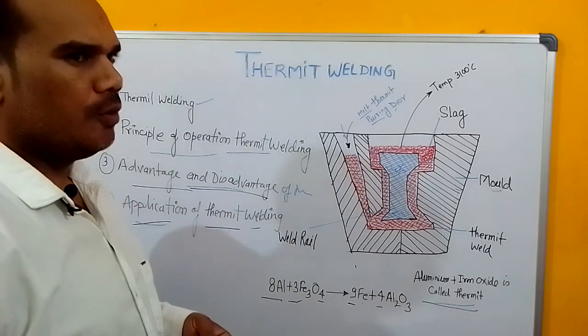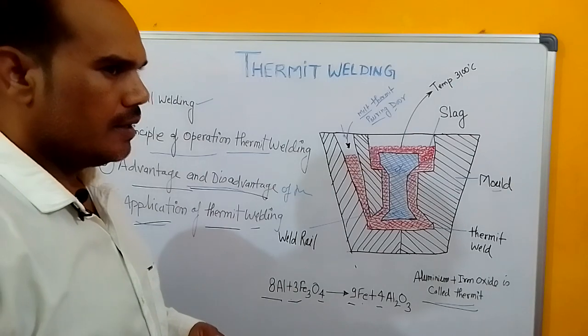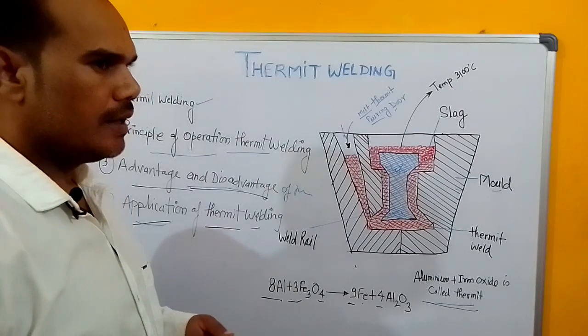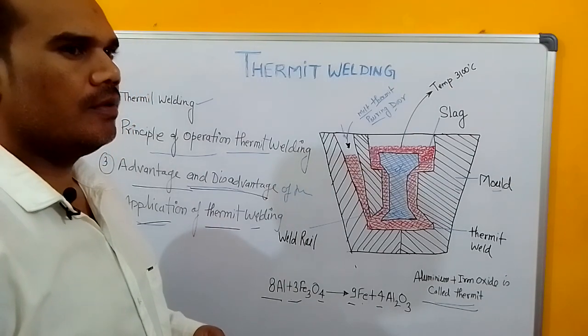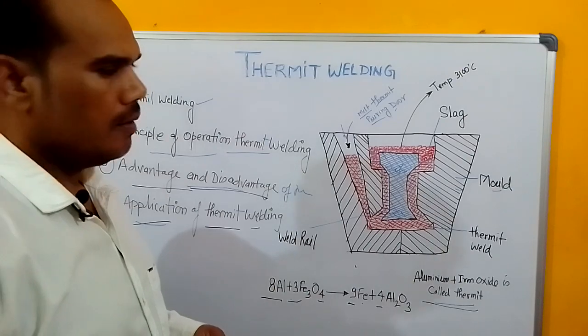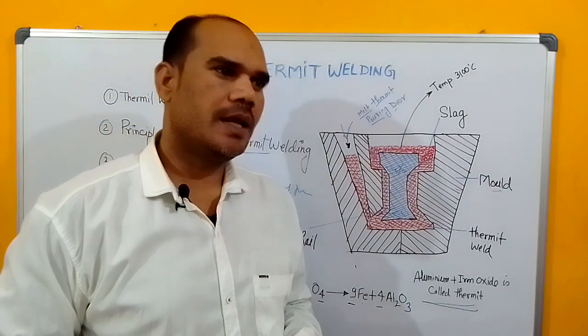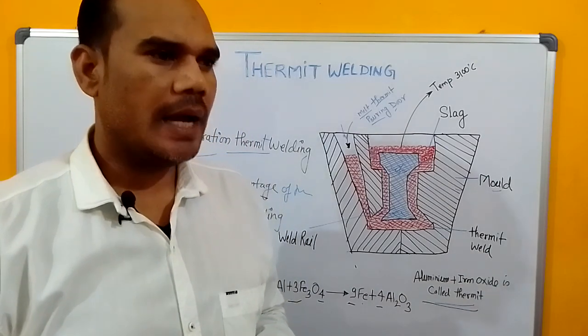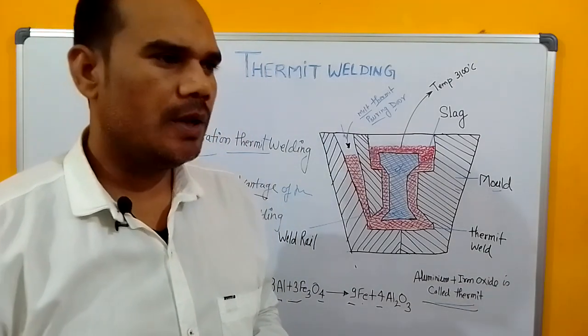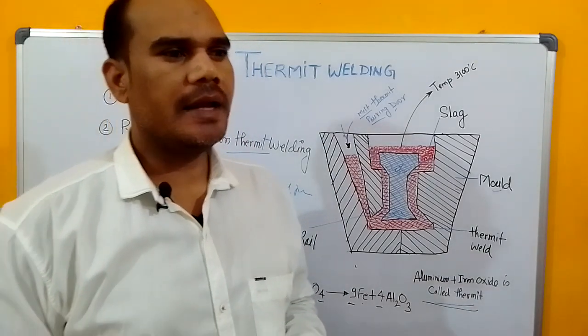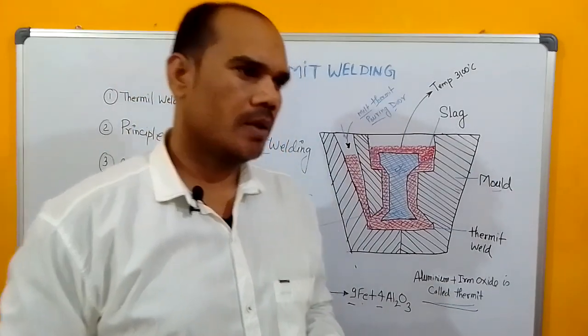Since aluminum has a much greater chemical affinity for oxygen than iron, when the thermite mixture is ignited, the aluminum takes the oxygen from the iron oxide to form aluminum oxide and leaves the iron as free metal.